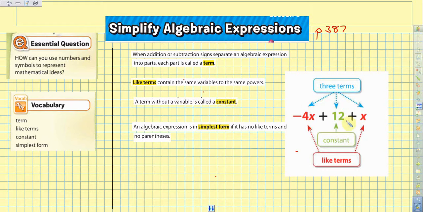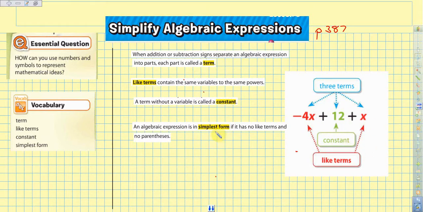So we have one constant here, and it's by itself. Sometimes our expressions have multiple constant numbers. Those can be considered like terms also. So like terms are both ones that have the same variable or constant numbers that do not.